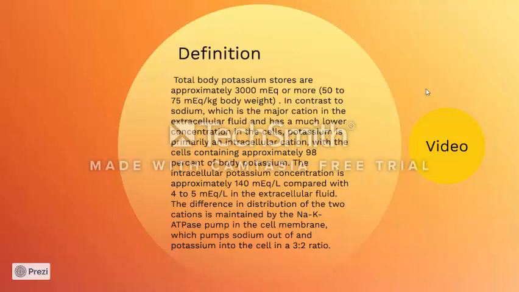The difference in distribution of the two cations is maintained by the sodium-potassium ATPase pump in the cell membrane, which pumps sodium out of the cell and potassium into the cell in a 3:2 ratio.